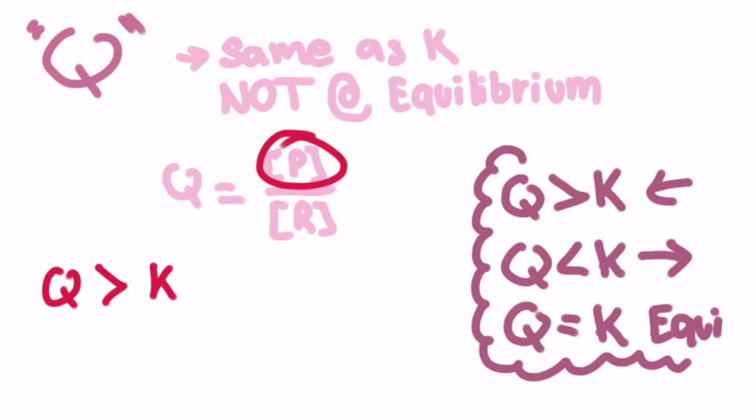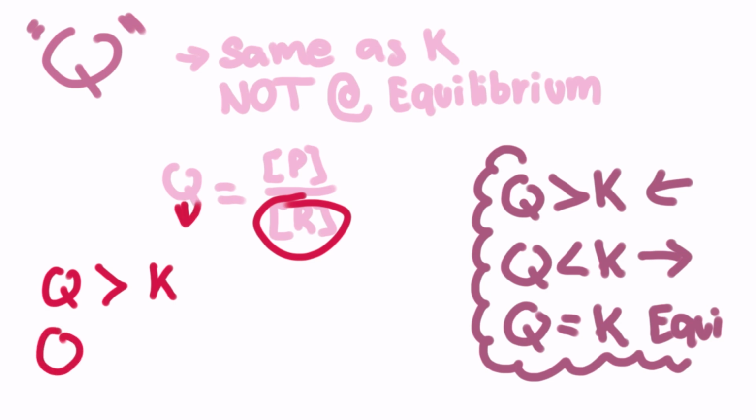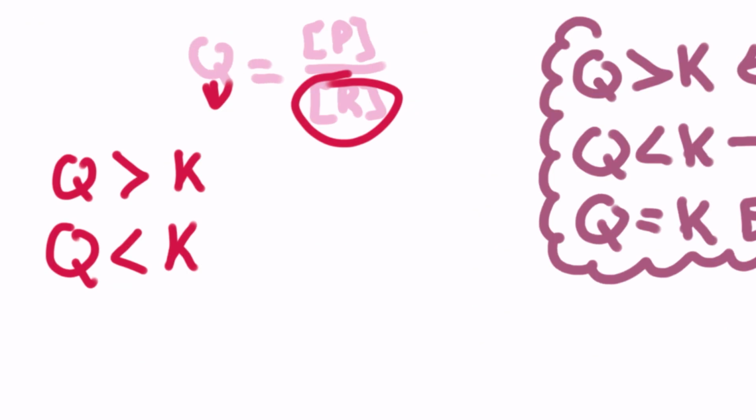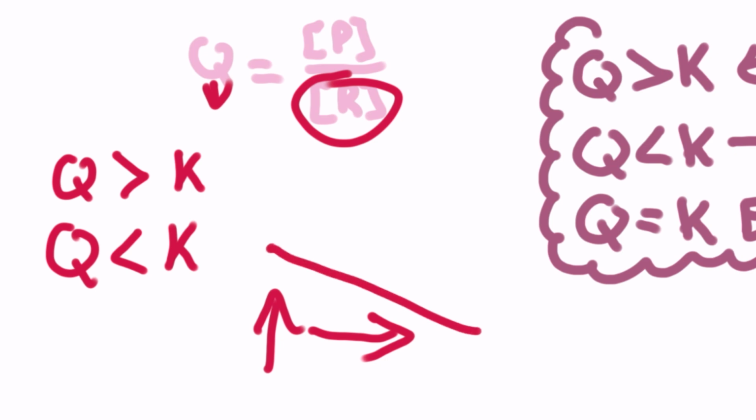However, if reactants increase, that means that our Q will decrease because we're dividing products. So Q will decrease and be smaller than K, which, remember, in a reaction, more reactants will yield more products. A ball will roll this way.